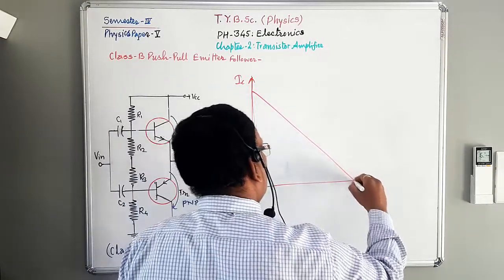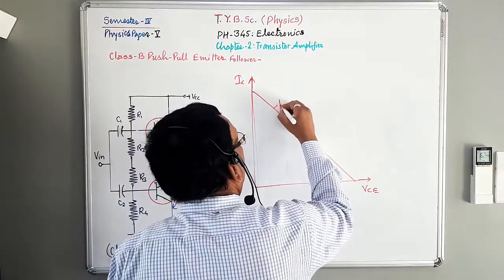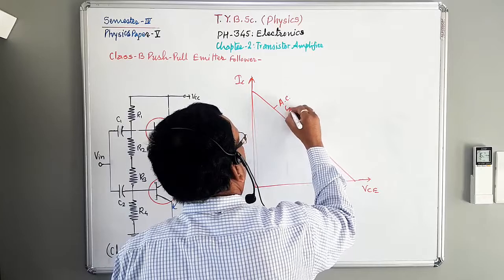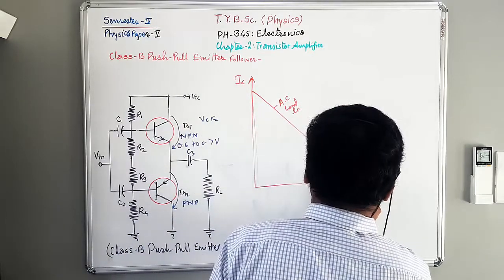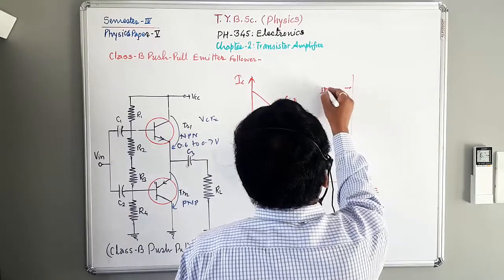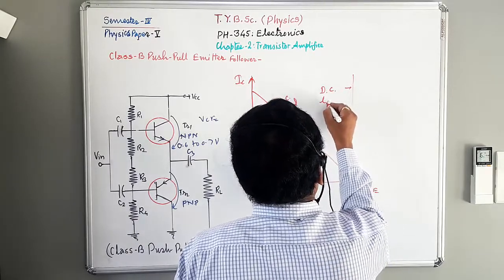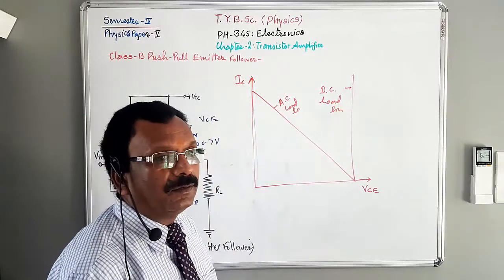This is the AC load line, and this is the DC load line.